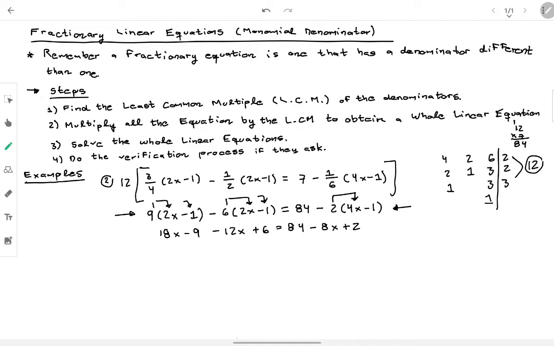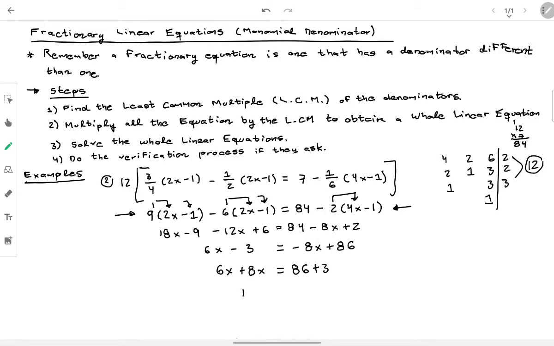So the next part is that we need to do the like term simplification on the left and on the right. So it's going to be 6x minus 3 equals minus 8x plus 86. Then the letters go to the first member, the numbers to the second member. So it's going to be 6x plus 8x equals 86 plus 3.